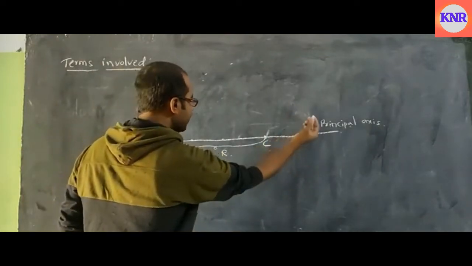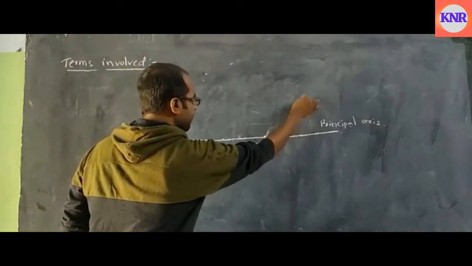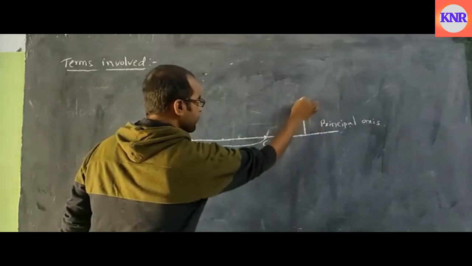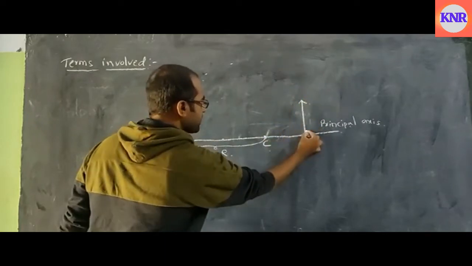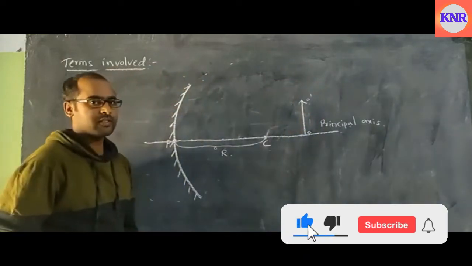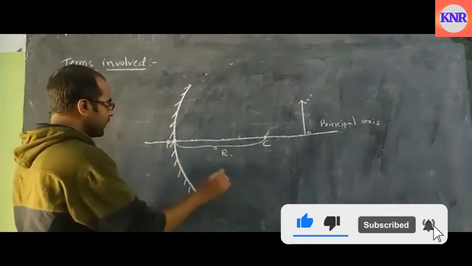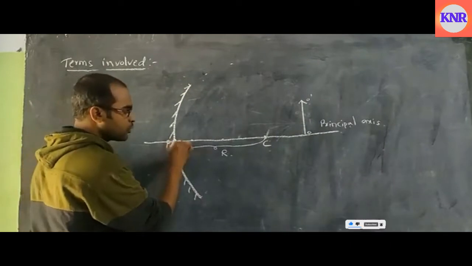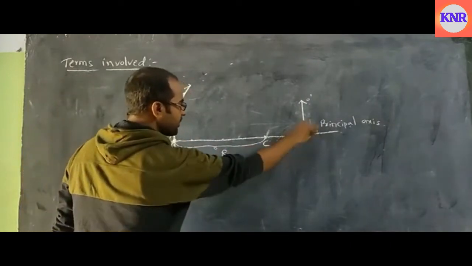Next, if we place an object O' here, then from the pole to the object there is some distance.